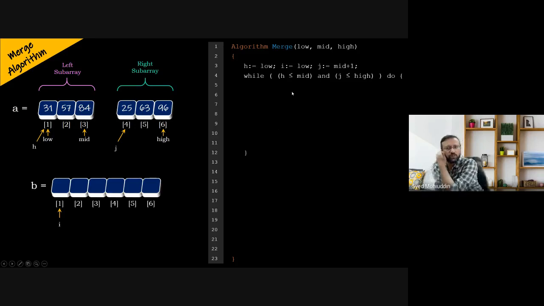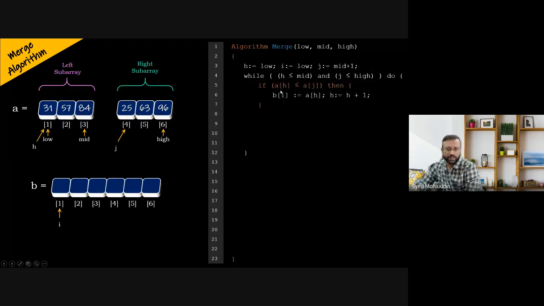Then we have a while loop to check whether h is less than or equal to mid. If h crosses mid, that means all elements are done for the left subarray. And j less than or equal to high. If j crosses high, that means all the elements of the right subarray are completed.